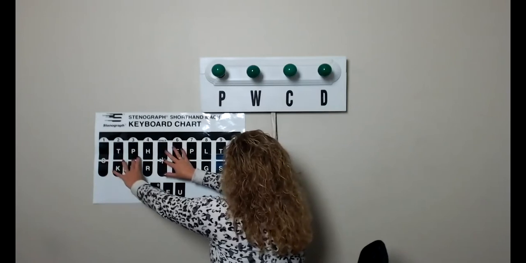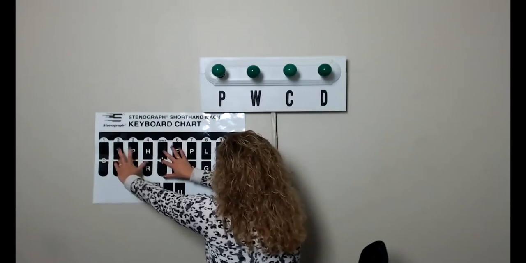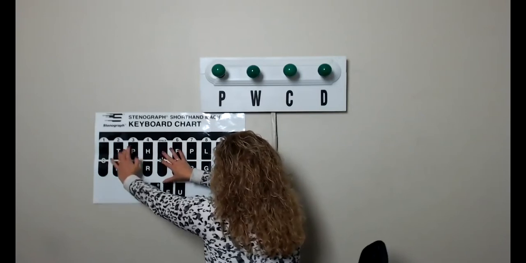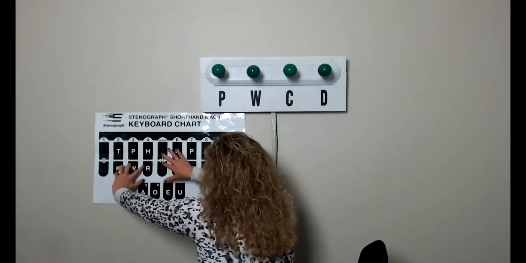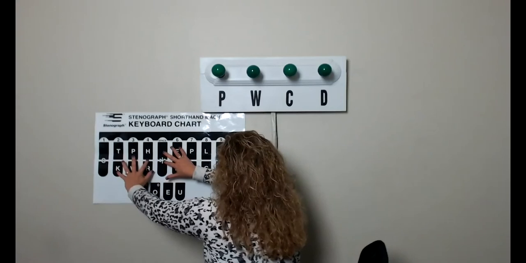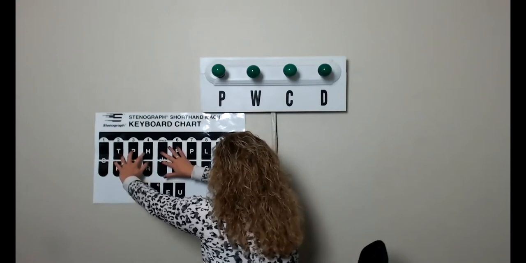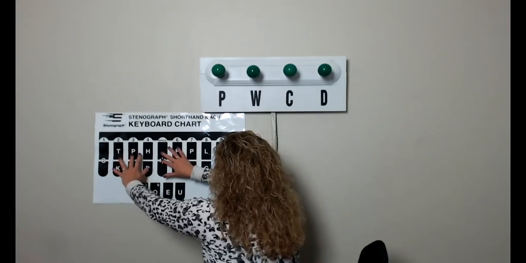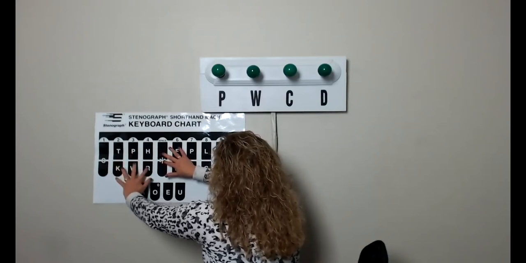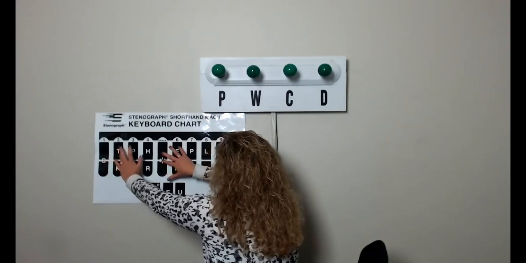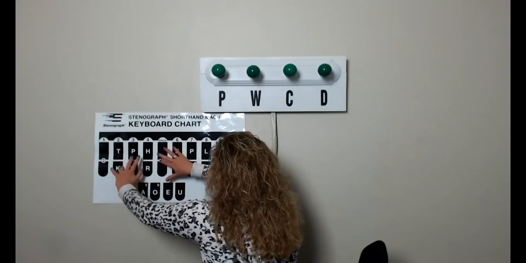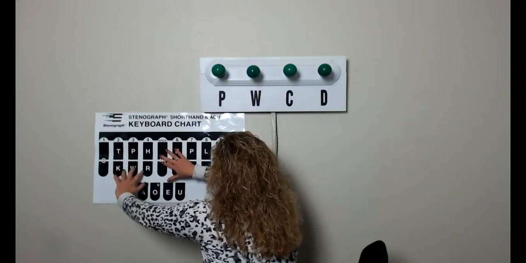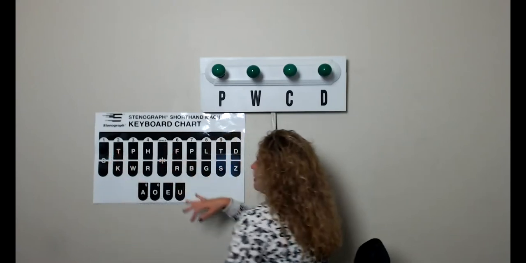A, B, C, D, E, F, G, H, I, J, K, L, M, N, O, P, Q, R, S, T, U, V, W, X, Y, Z. Okay, so I might have gone a little fast for you, and that's okay.